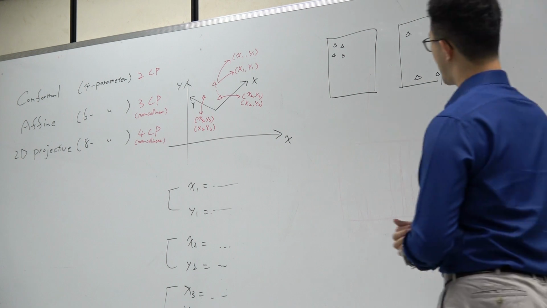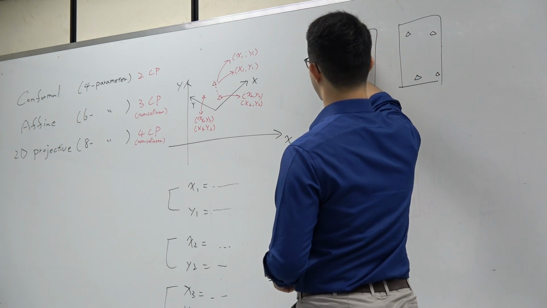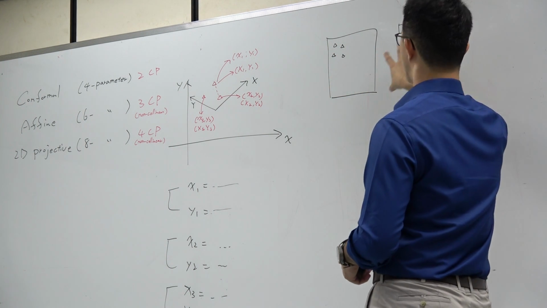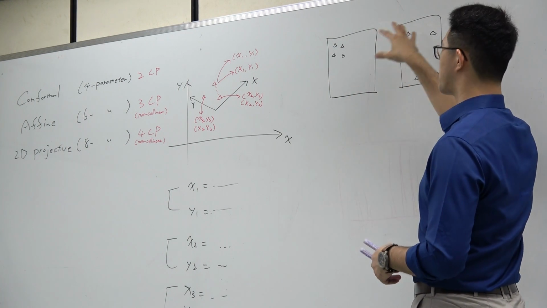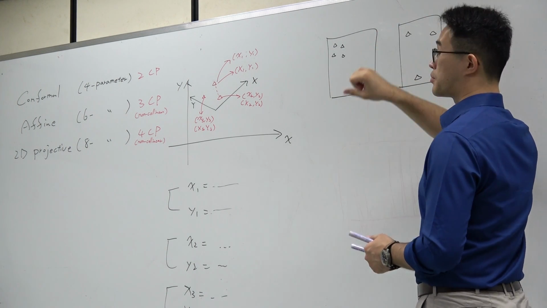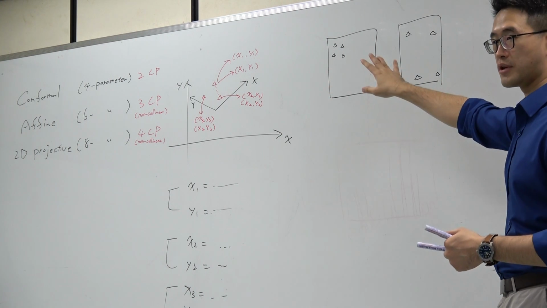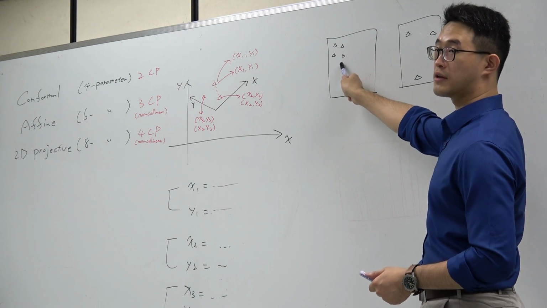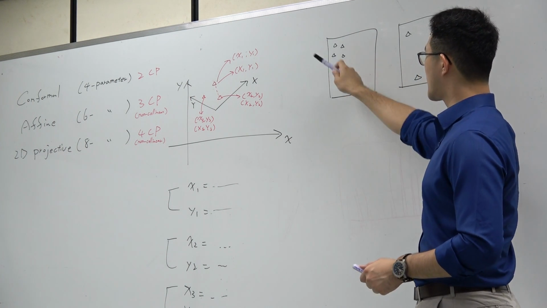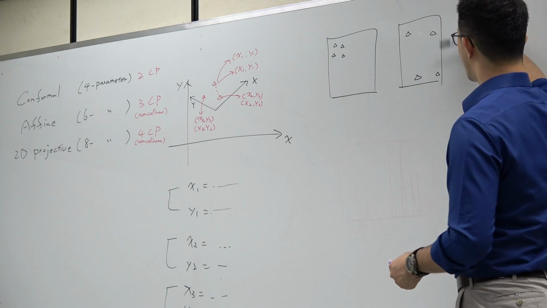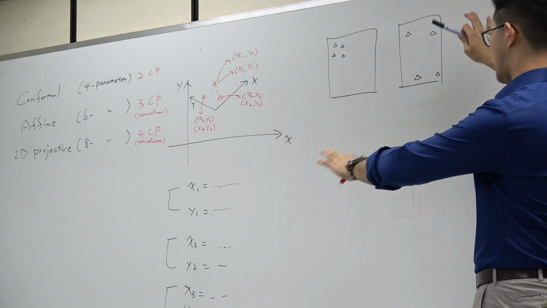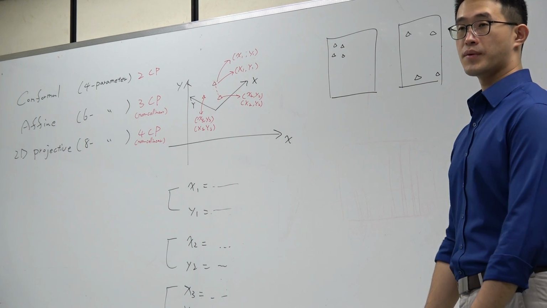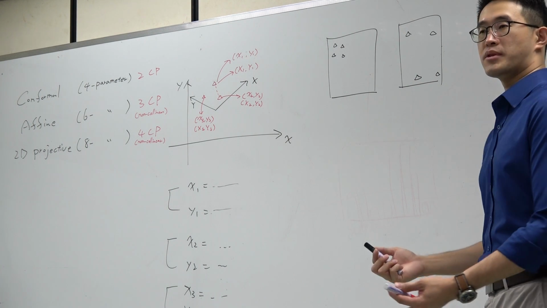Imagine right now this whole thing is your area of interest, and the same thing over here. These are the same area, but with different control point distributions. One has 4 control points concentrated at this corner, and the other has 4 control points pretty scattered around the area of interest. So in this case, what's the difference between them?